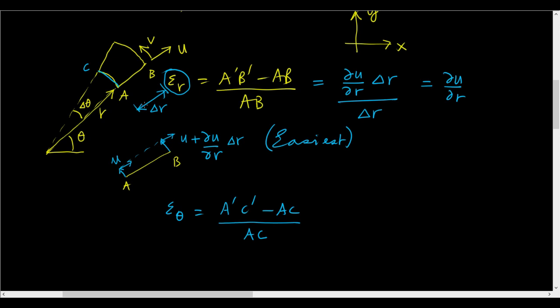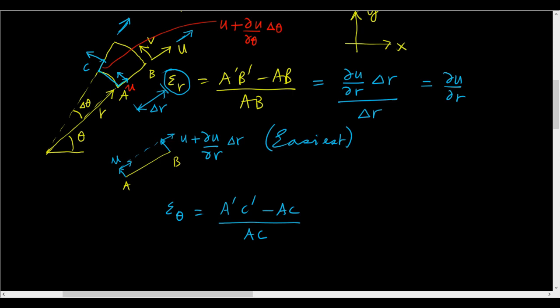Because these two directions are not really parallel, there is a consequence of u as well. Here there is u and v, here there is u and v. This is not u, so let me write it with red here. This is u and this is u plus del u del theta delta theta.